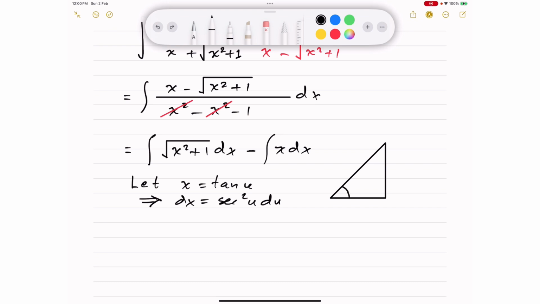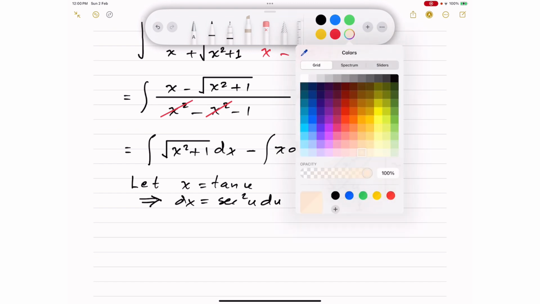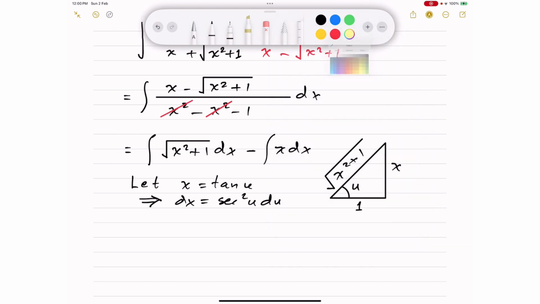So this angle here is basically u, and tangent of u is x. So x divided by 1, and that makes the hypotenuse of the right triangle equal to the square root of x squared plus 1. Let me just make this yellow, so this right triangle is yellow, that would make it look better.